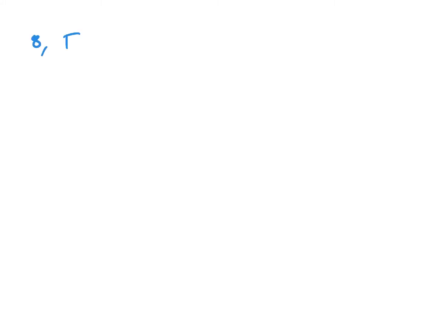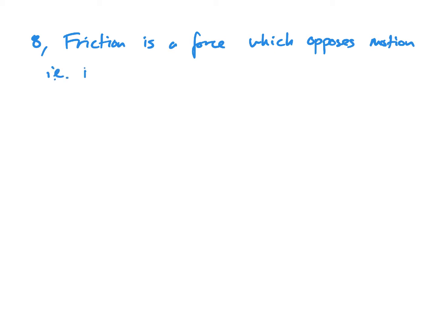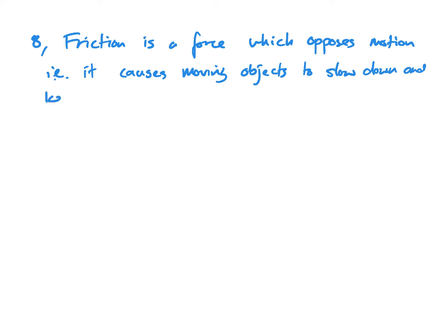So number 8, quite a straightforward factual one. Friction is a force which opposes motion, i.e. it causes moving objects to slow down and keeps stationary objects at rest, or attempts to keep.